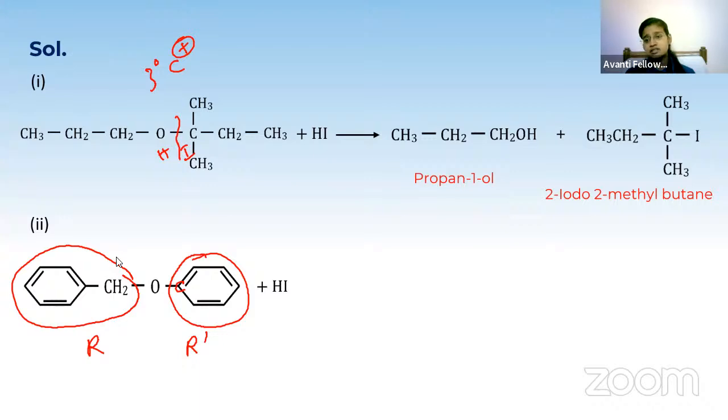What is the reason? Is it because of the tertiary? No, we don't have any tertiary groups here. We have an aromatic ring and the benzyl system, phenyl and benzyl. The RO bond will get cleaved. That is the correct answer. But why? Small chain, no. That is also not the answer.